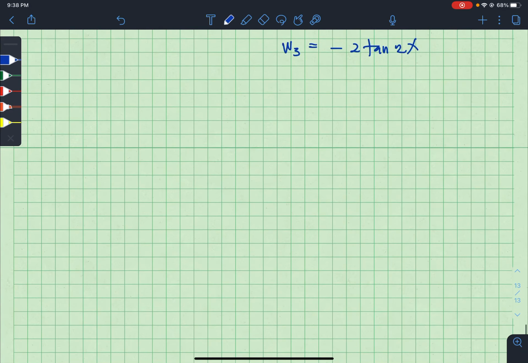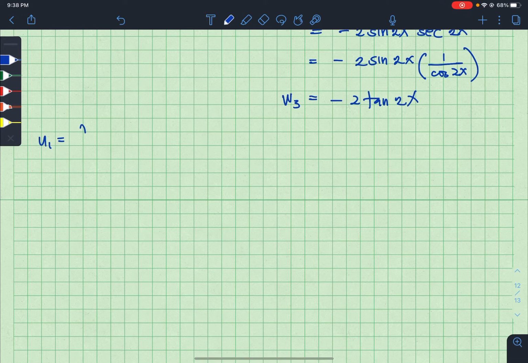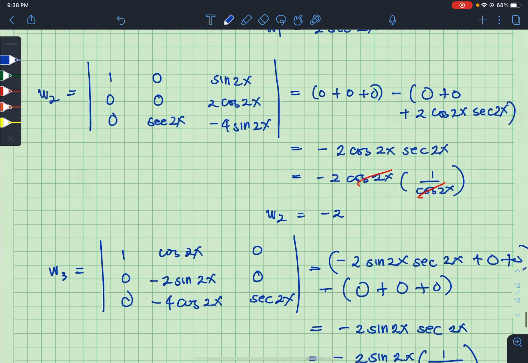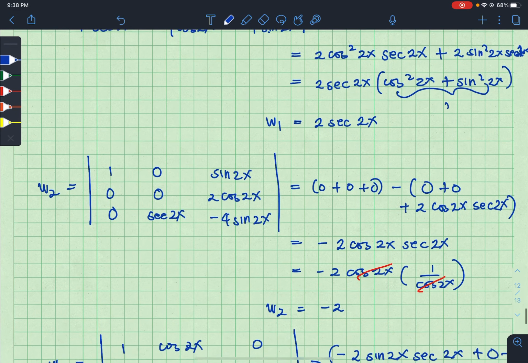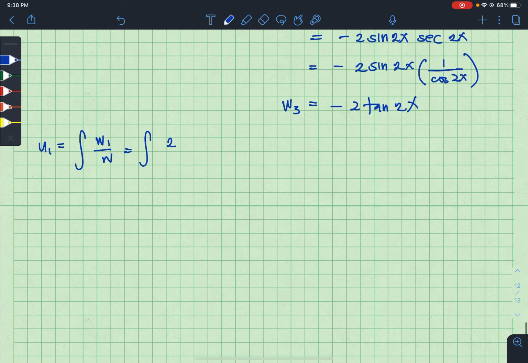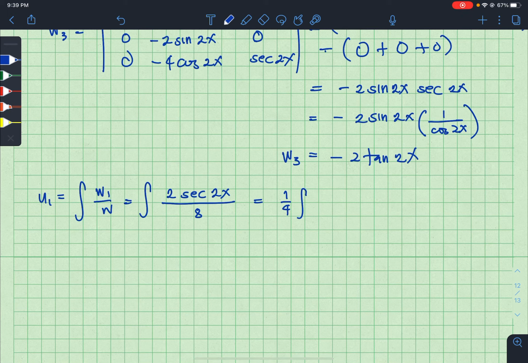So for our u sub 1, that will be the integral of W sub 1 all over W. W sub 1 is 2 secant 2x, all over W, which is simply 8. So 2 over 8 is 1/4, the integral of secant 2x dx.